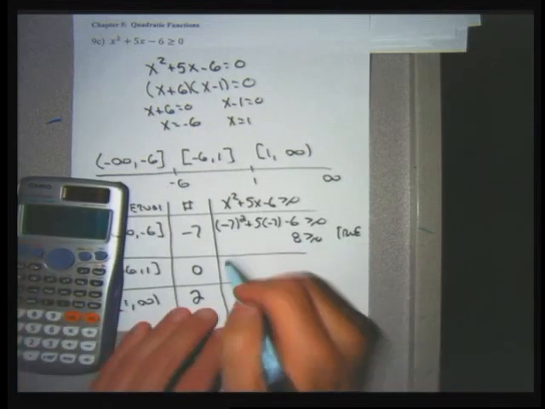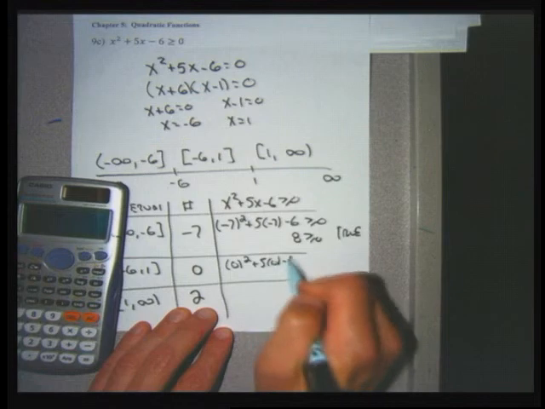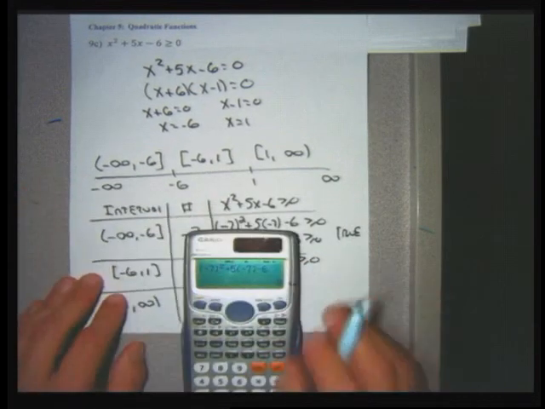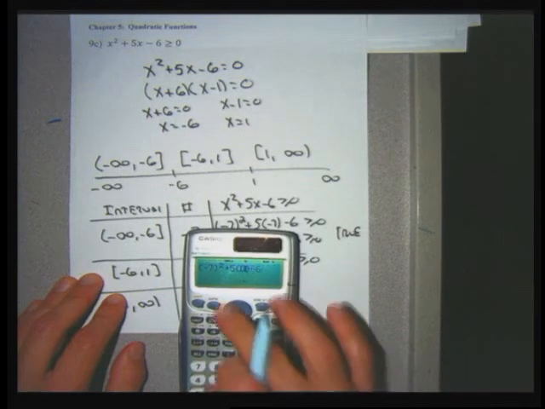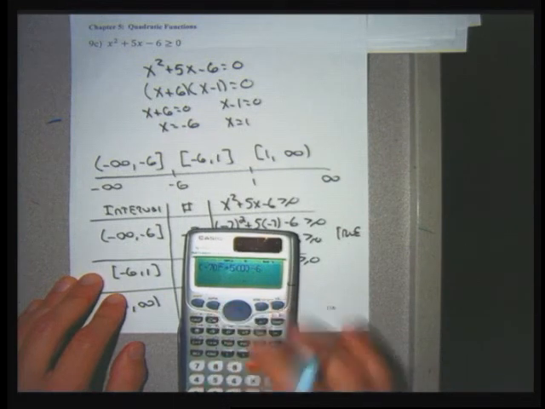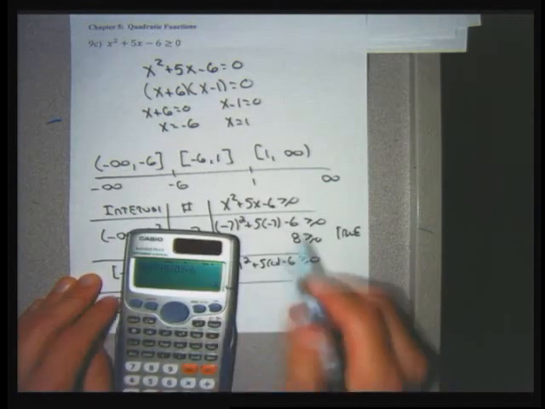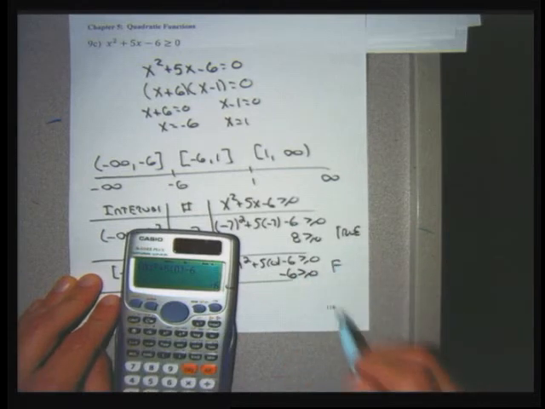The next one, I'm going to go 0 squared plus 5 times 0 minus 6 is greater than or equal to 0. So I'm going to change those -7s to 0, and I get -6 is bigger than 0. And a negative number is not bigger than 0, so that's false.